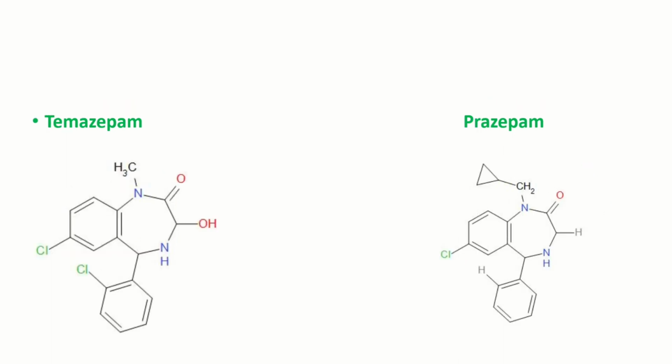Now in the structure of temazepam, R1 contains a methyl group, R2 contains oxygen, R3 has a hydroxyl group, and R4 and R5 contain chlorine, and the structure is known as temazepam. In the next structure, prazepam, position 1 contains methylcyclopropane, R2 contains oxygen, R3 hydrogen, R4 has chlorine, and R5 has hydrogen.